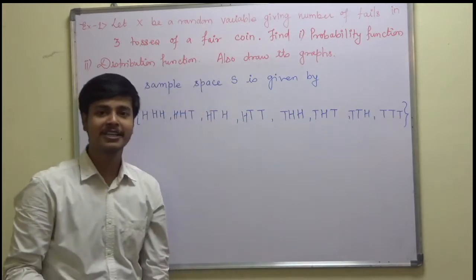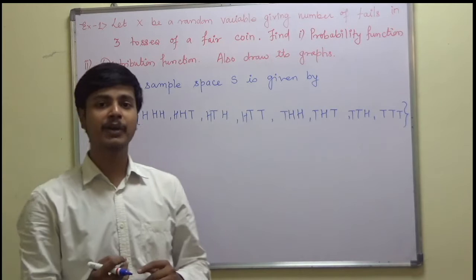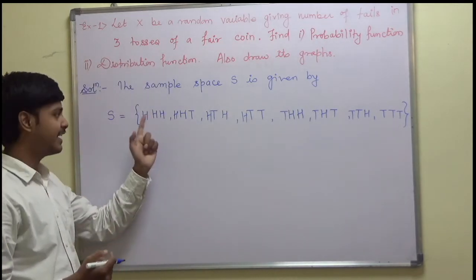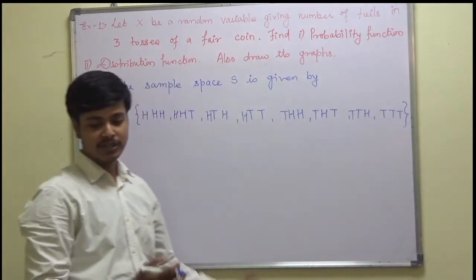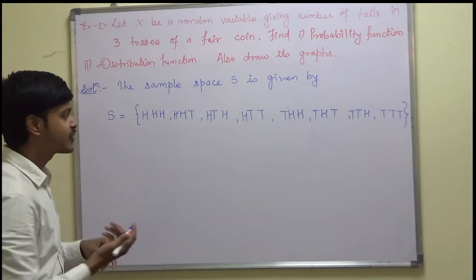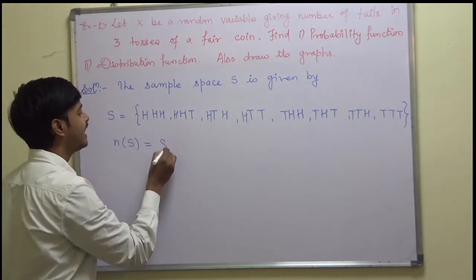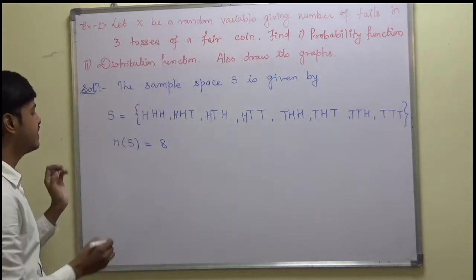In this way you can write down the sample space for a random experiment when a coin is tossed 3 times. So how many elements are there? 8: 1, 2, 3, 4, 5, 6, 7, 8. These are the possible outcomes. So the number of elements in the sample space is 8.